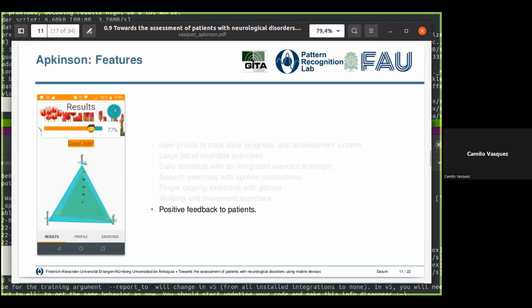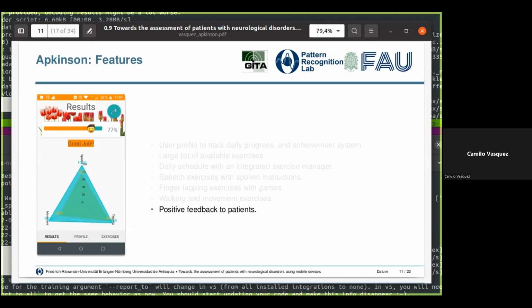And finally, after the patients finish the 5 or 6 exercises each day, we give positive feedback to the patient in order to motivate them to keep doing it every day. I think the most important part of the app is to keep motivating the patient to do this therapy, to do the exercises every day in order to slow down the impact of the disease.